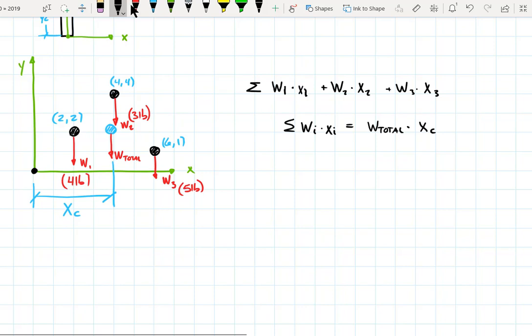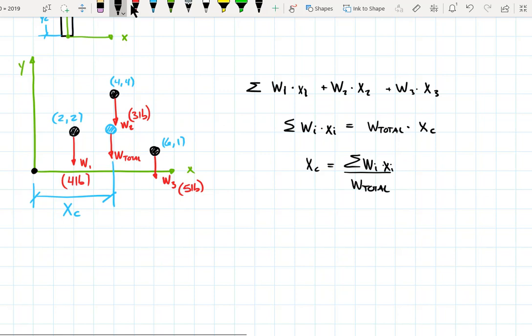So basically, I'm just saying that I want to replace all of the black circles with one blue circle. So I add up all the weights and figure out where to put it to have the same effect of all these individual ones. And then I can just solve this equation. X sub c equals summation of all of the individual weights times their individual distances divided by the total weight.